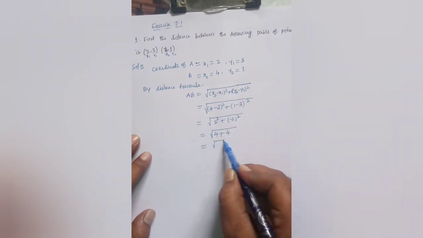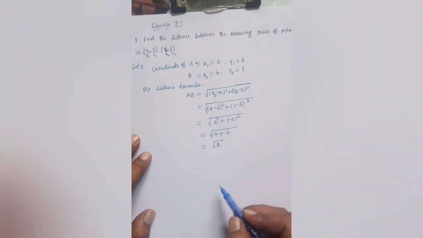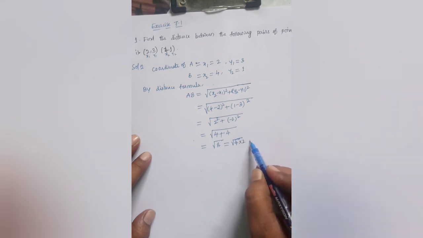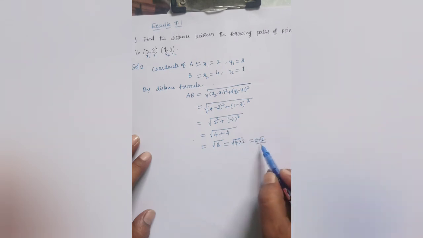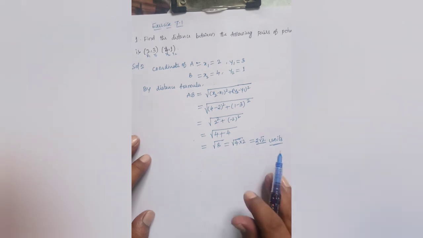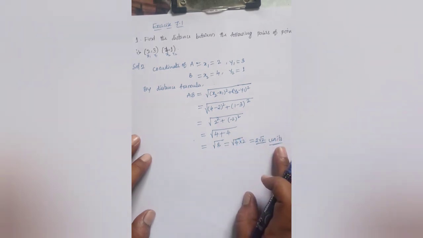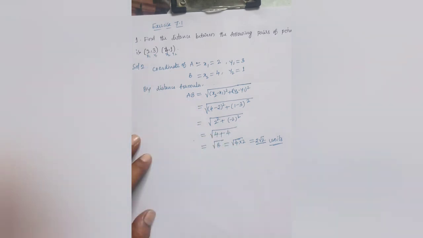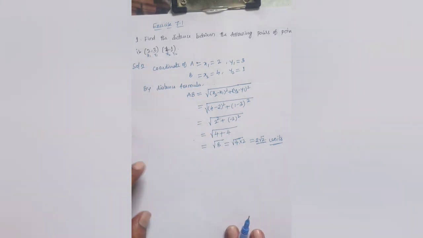That is equal to root 8. Root 8 can be written as root of 4 into 2, that gives us 2 root 2 units. We don't have any particular unit, so in general we write 2 root 2 units is the distance between points A and B. This is the first one.